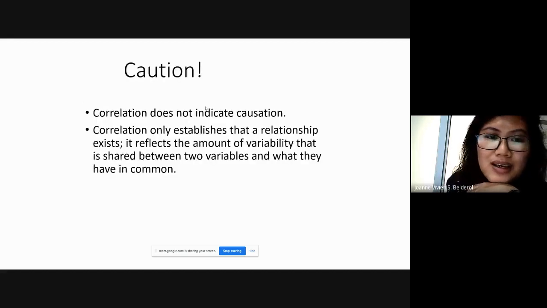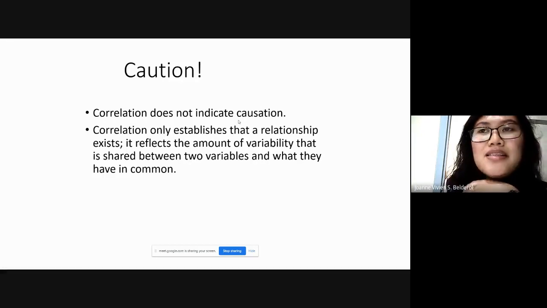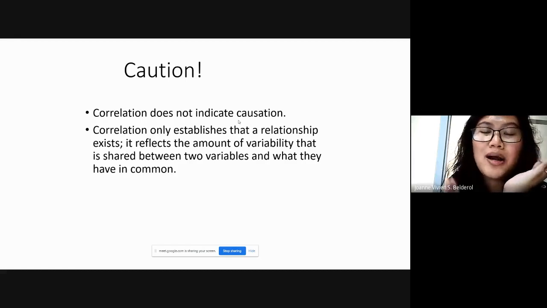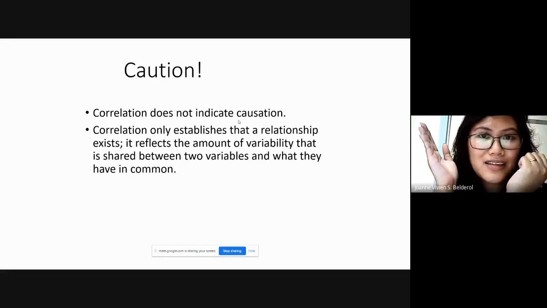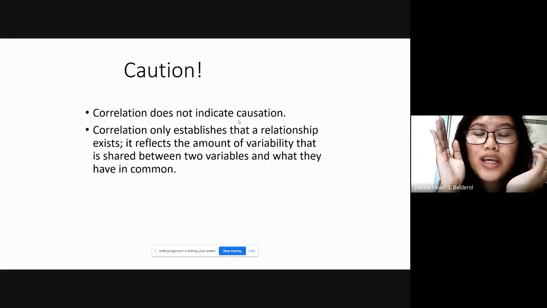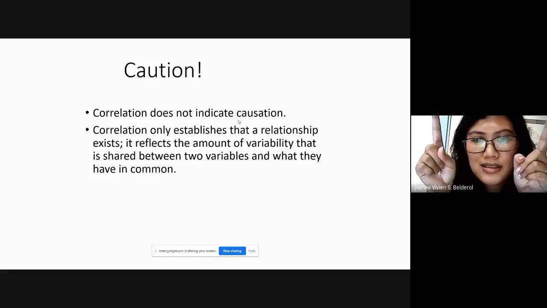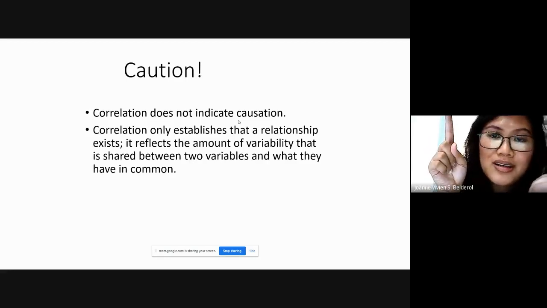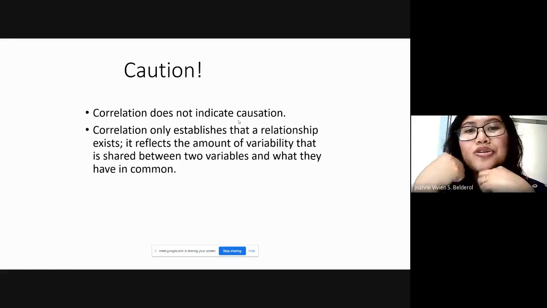Now, remember that correlation does not indicate causation. What does that mean? We can't say that the increase in Y is because of the increase in X. We can only say that when X increases, Y also increases, but we can't say the increase in one is because of the other. Correlation does not establish cause and effect.